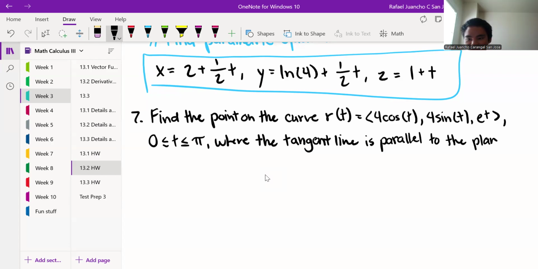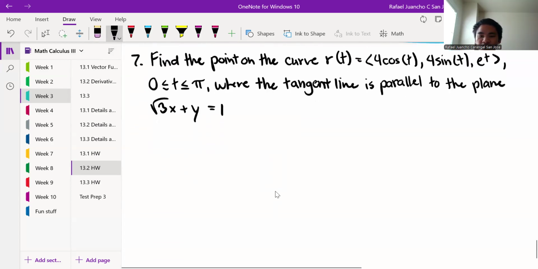Here we're given some plane, and the plane is 3x plus y equals 1. And since it's a plane, we know that z equals 0.